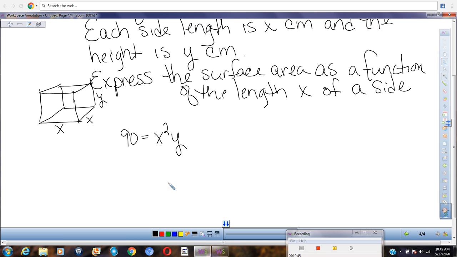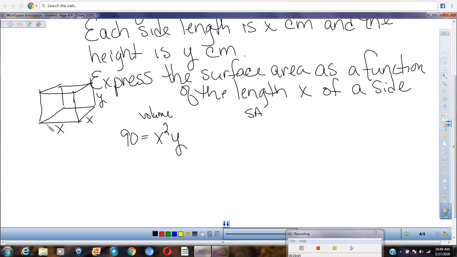All right. It then goes on to say to express the surface area. So this is the volume we're talking about here. We need to talk about the surface area. Surface area is the outside part. And in this case, if we're writing an expression, which means there's no equal sign involved, the surface area is the area of each side. And again, it's an open top.